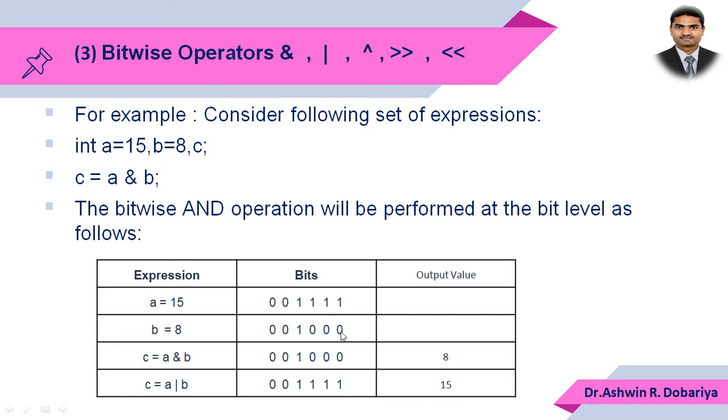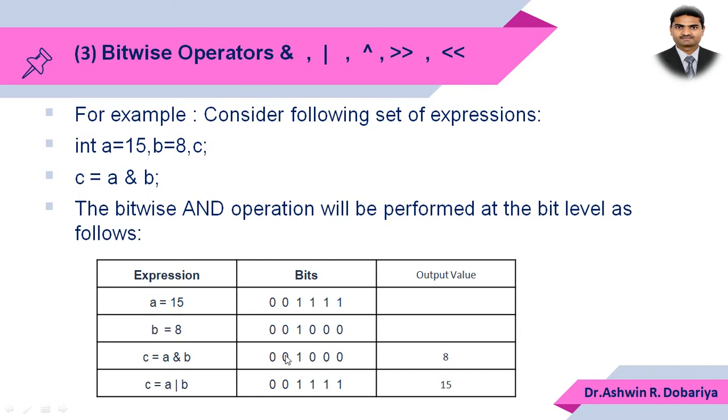If both are 0, then it's 0. So ultimately, the AND operator returns 1 only if both bits are 1. Otherwise, if one of the bits is 0, overall it returns 0.